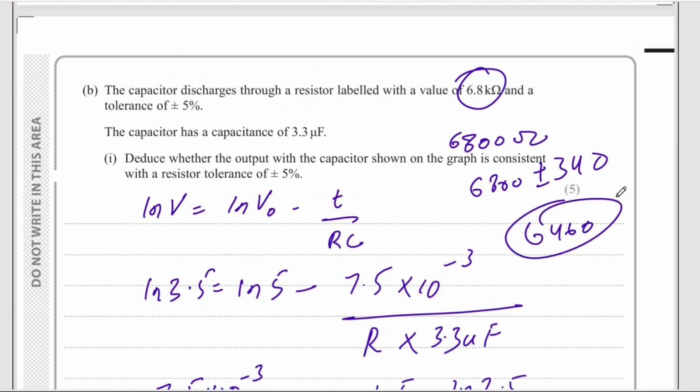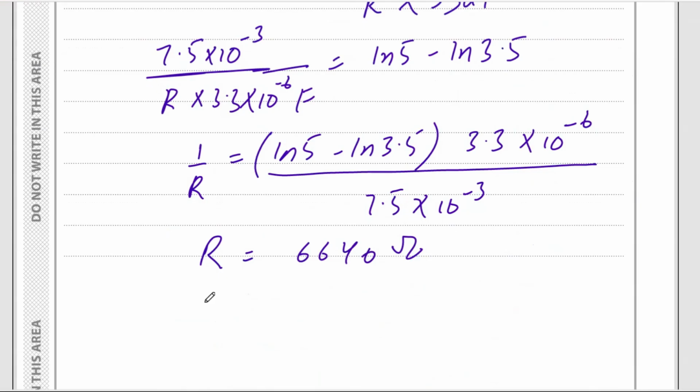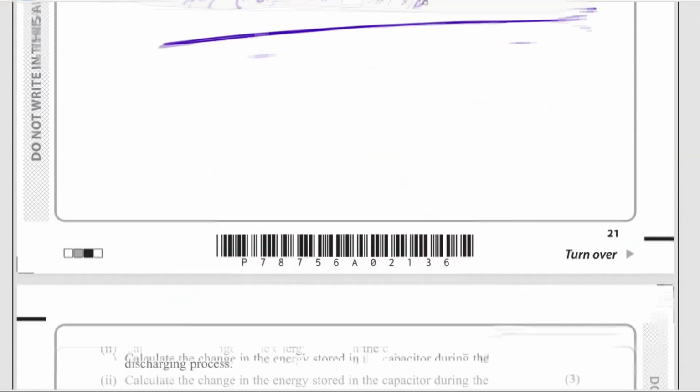And the maximum value, you just need to add them: 6800 plus 340 is going to be something like 7140. And I've got 6640, so it is coming within the range, right? So yes, the resistance does agree. That is how we're going to talk about this question.